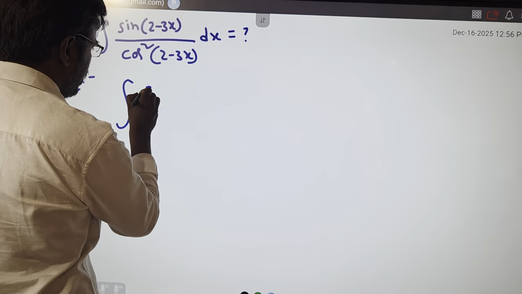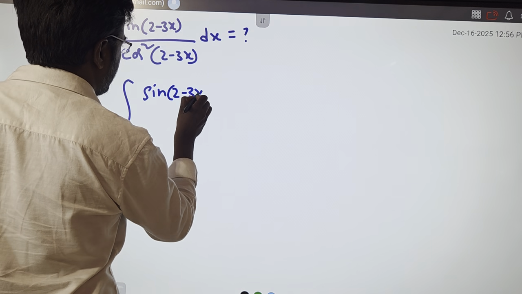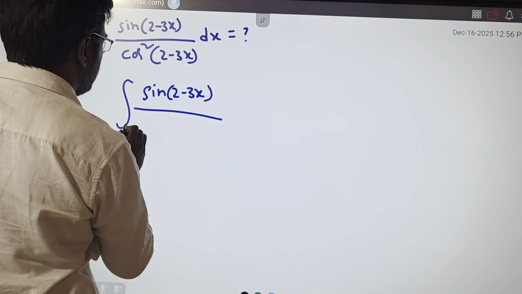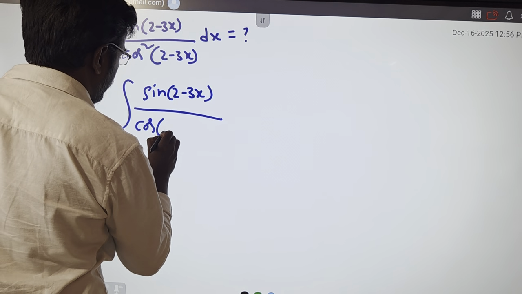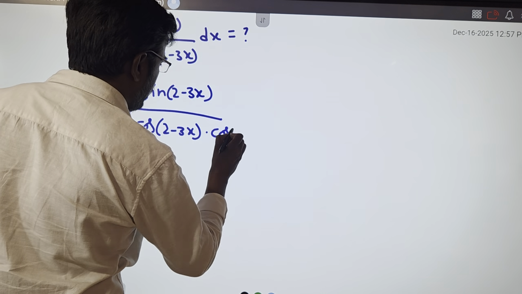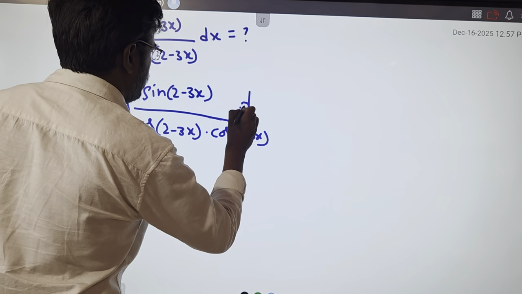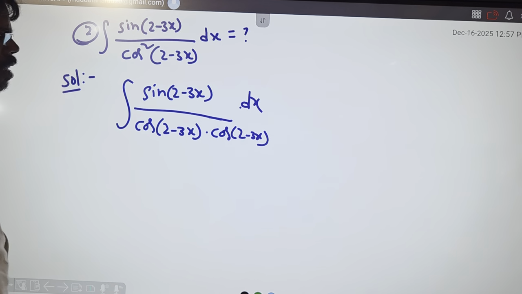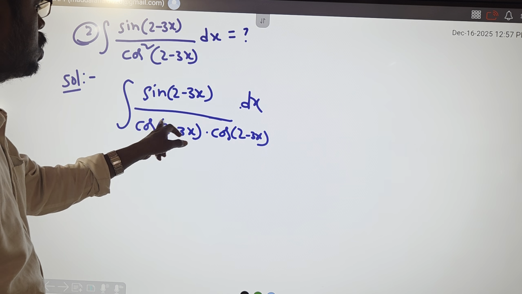Integral sin of 2 minus 3x, keep it as 2 minus 3x, by cos square of 2 minus 3x. We can write it as cos of 2 minus 3x into cos of 2 minus 3x. I am splitting this function into two functions, because of the square.